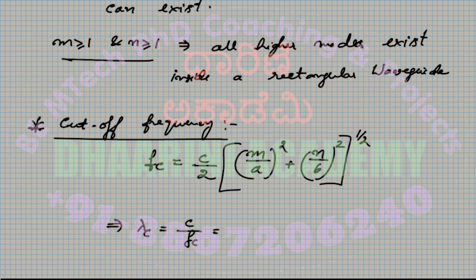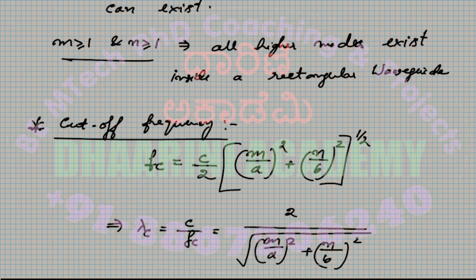So this is 2 divided by root of m by a whole square plus n by b whole square.